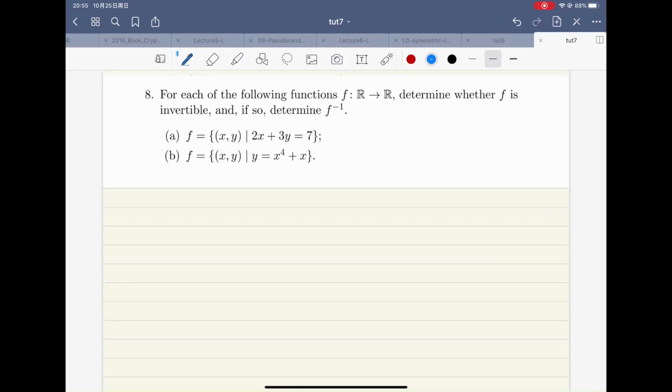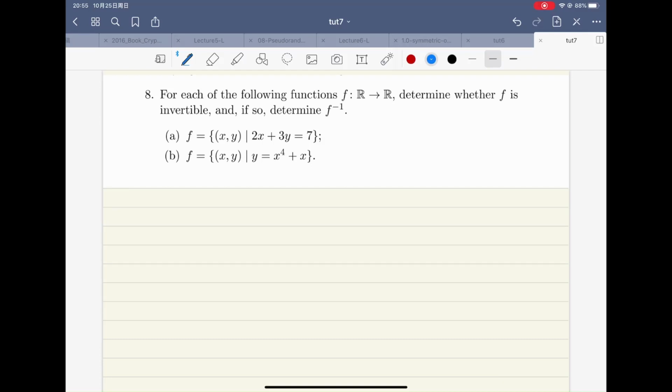In the first function, f equals the ordered pairs x, y such that x plus 3y equals 7. Is this function one-to-one? This one is one-to-one, right? Because if we have f(a) equals f(b), then a must equal b. So this function is one-to-one.